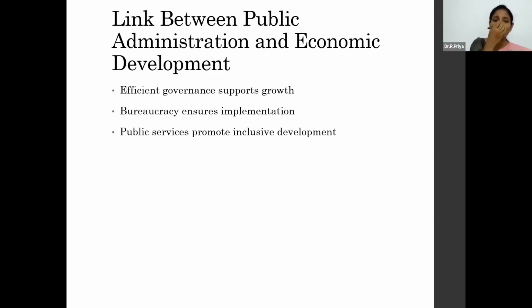So what is the role of efficient governance? Efficient governance ensures that public services are delivered smoothly, resources are used wisely, and corruption is minimized. It also promotes transparency and accountability, and fosters decision making.